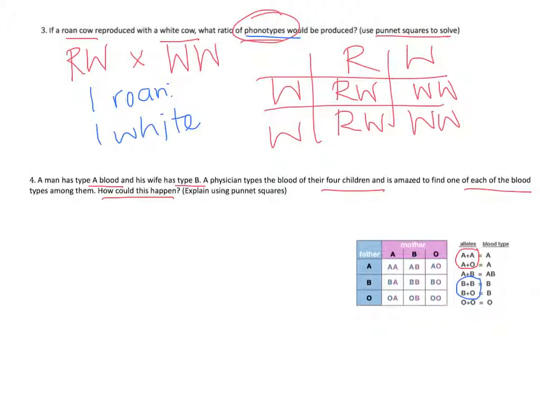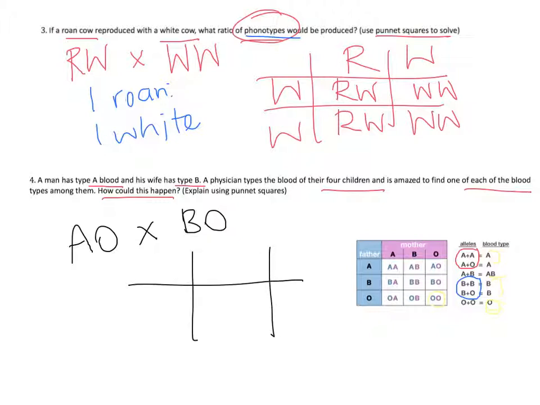Now our resulting children have one of each. So we have one that's blood type A, one that's blood type AB, one that's blood type B, and one that's blood type O. If we're going to have one of our offspring with blood type O, we need to have an O in both of our parents. So the Punnett Square for this would be AO for dad and BO for mum, because both of them have the dominant blood type.